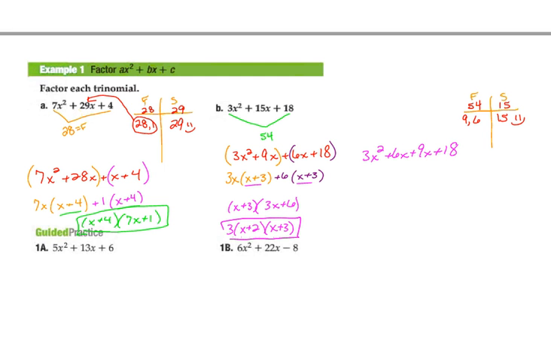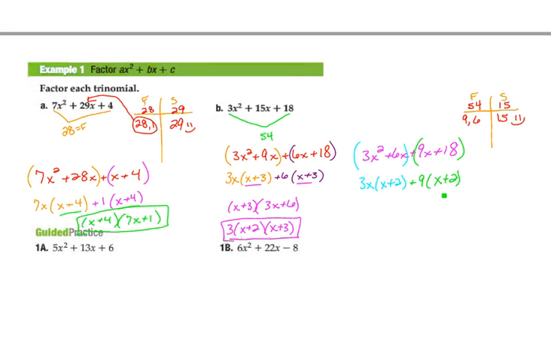Okay, so looking at this one over here, I'm going to combine these, and I'm going to notice that these both have a 3 and an x in common, and I'm left with an x plus 2. These have a 9 in common, and I'm left with an x plus 2.